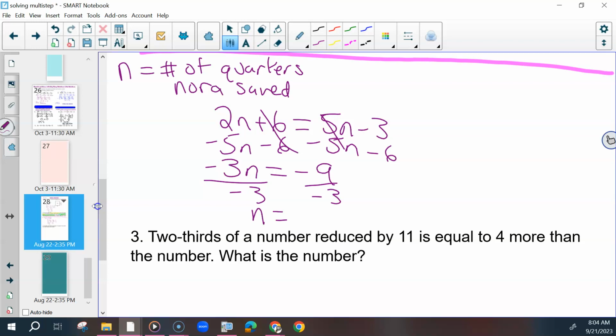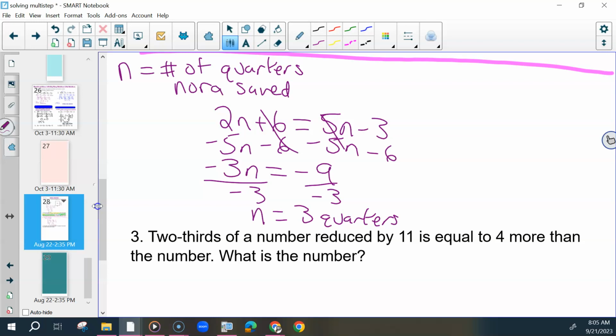So the number of quarters Nora saved is 3. Our unit there would be quarters. But the question asks us to find how much they each saved. So because these sides are equal to each other, you can put 3 into this side, or you can put 3 into this side. So let's do this.